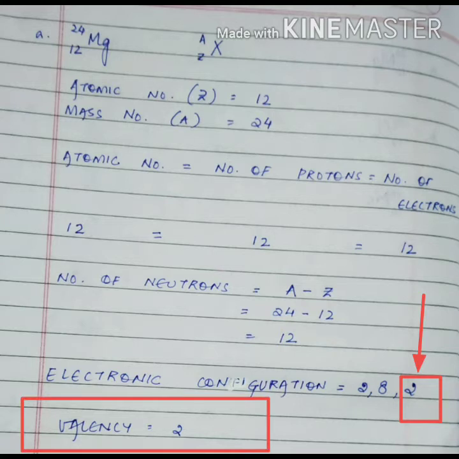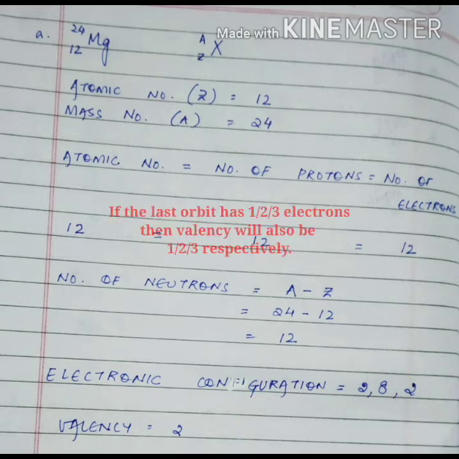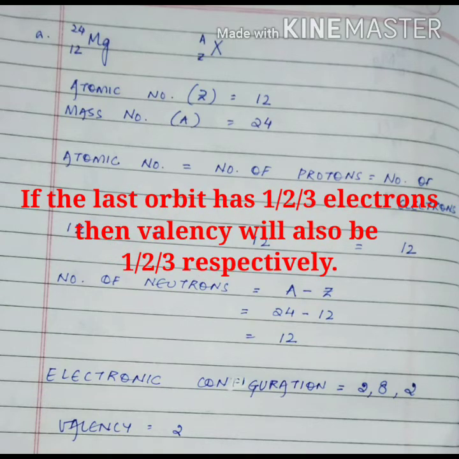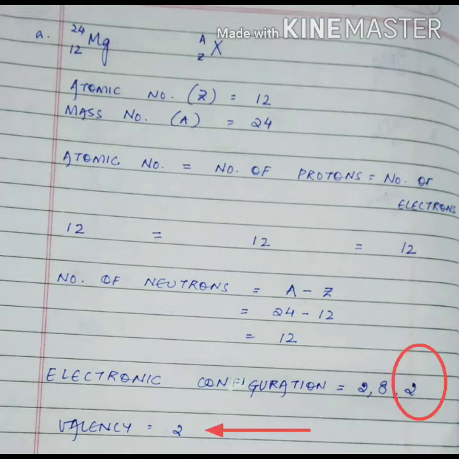Now if the last orbit has 1, 2 or 3 electrons, then valency will also be 1, 2 and 3 respectively. In magnesium, there are 2 electrons, so valency will also be 2. You have to see the last orbit to check the valency.